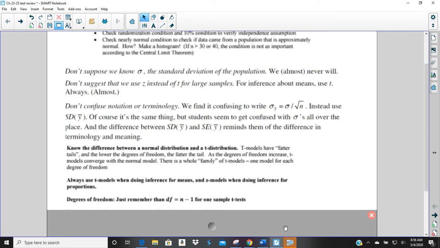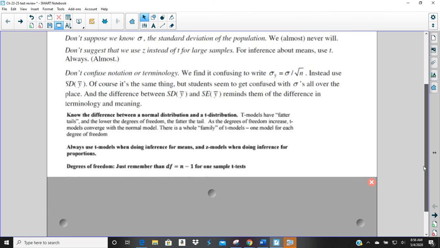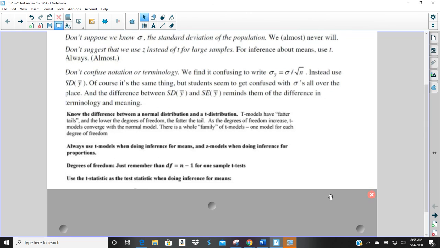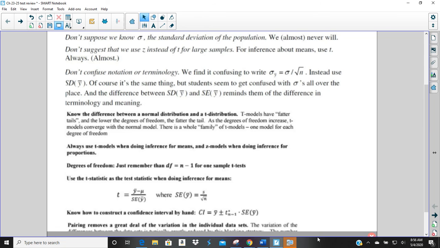Degrees of freedom for one sample t-tests are going to be n minus 1. For two sample, there's a more advanced calculation that you'll let the calculator do for you. And then we know the formula for t is going to be y bar minus mu over the standard error. And remember, standard error is going to be the standard deviation over the square root of n.